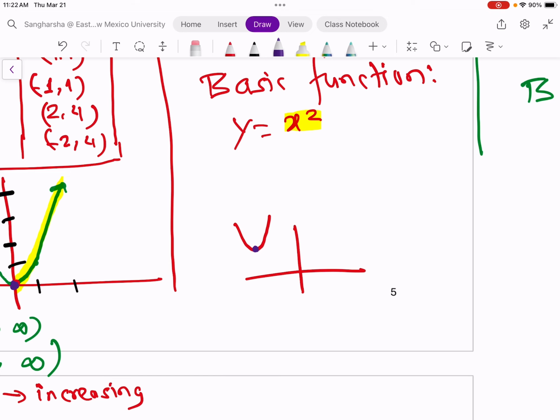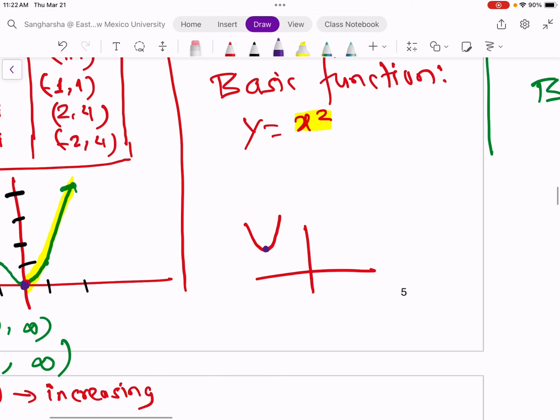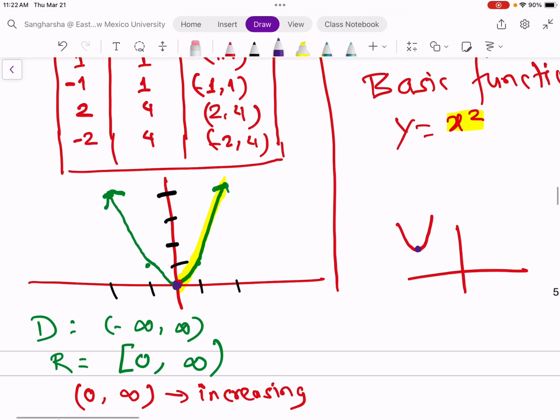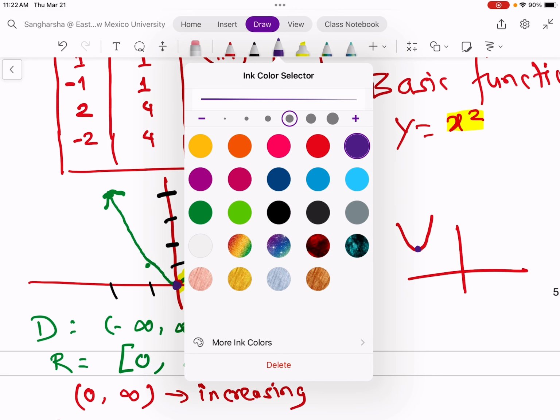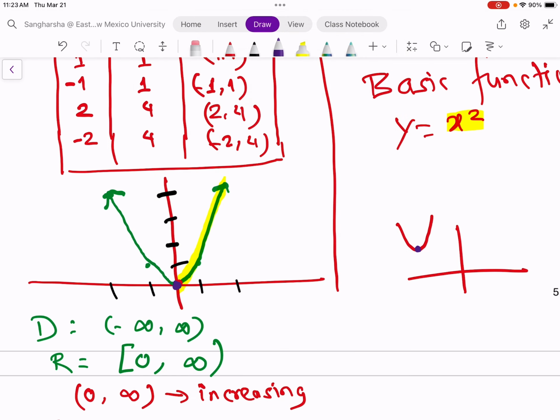Now, this is the point where your graph changes its behavior. Let's see. As we move from left to right, the graph is decreasing. Once the function is at this point, the graph changes its behavior and starts increasing. It happens in every parabola. Let's go to the next one.